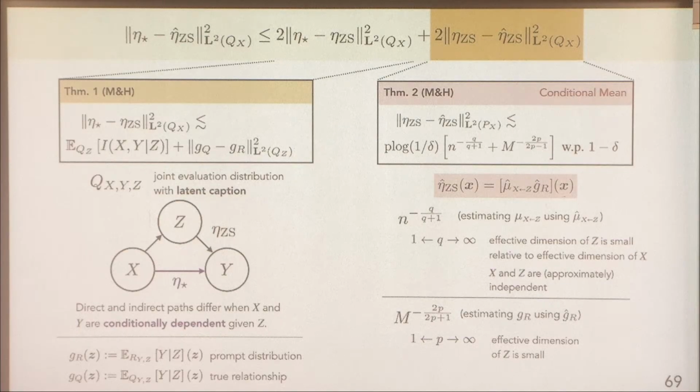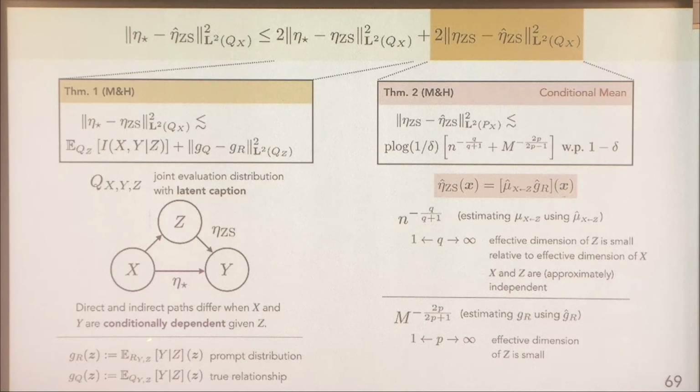So the images and the labels, conditionally on the captions you had at the pre-training stage, plus the difference between the prompt distribution, so this is the distribution of the labels given the images, and this is like GR and GQ, which is the same thing evaluated on the evaluation distribution.